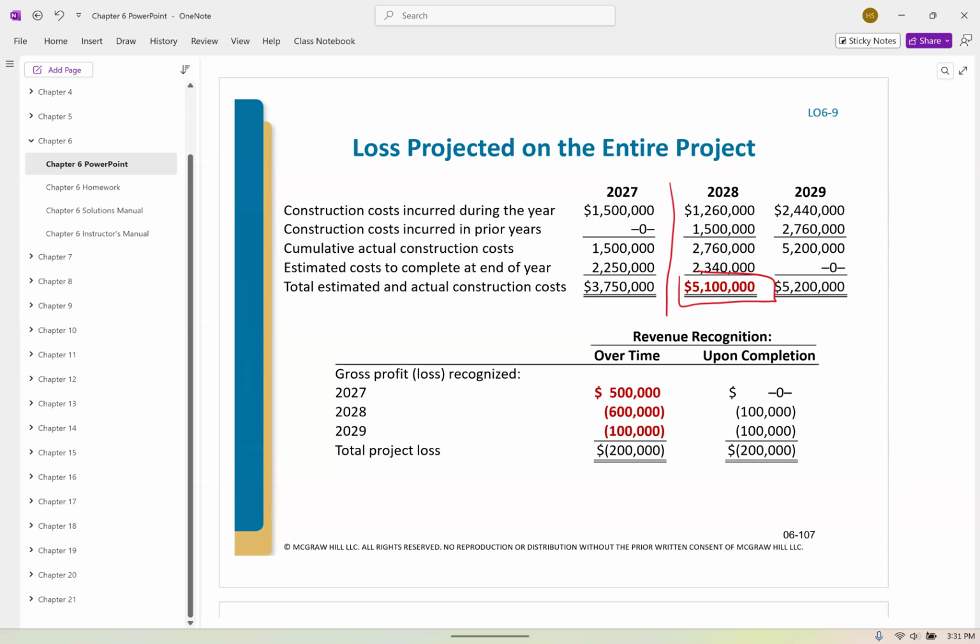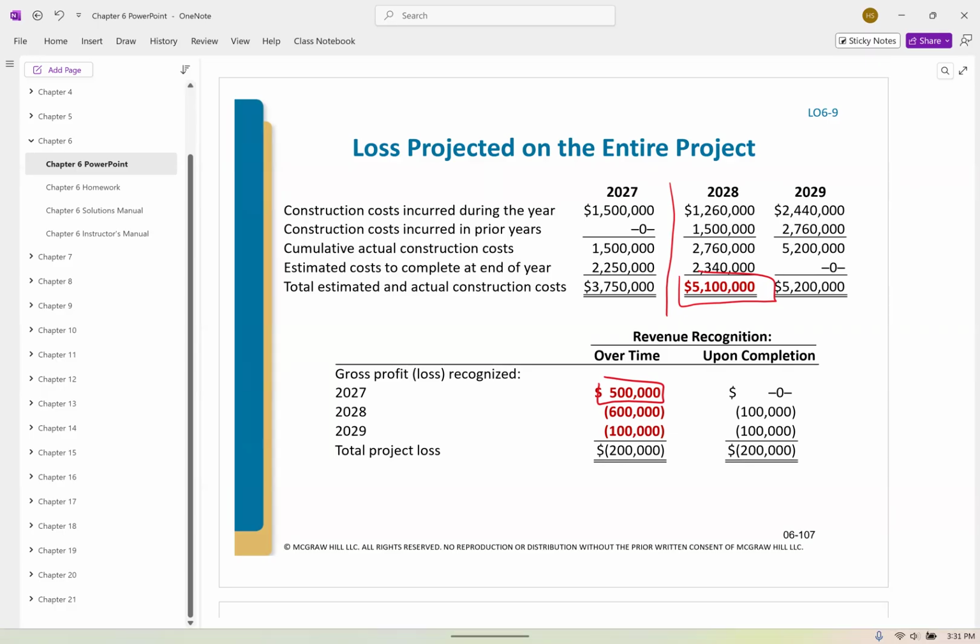You don't do it as a percentage or anything like that. You go ahead and you record it as a loss then, okay? So in 2027, it looked like they were going to have a profit. They recorded a gross profit of 500,000. That's from the previous example because that was the same, okay? Then they come down to 2028, cost went up, and now it doesn't look like we're going to make a profit. Okay.